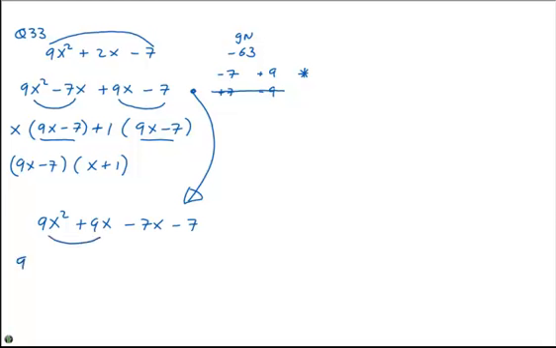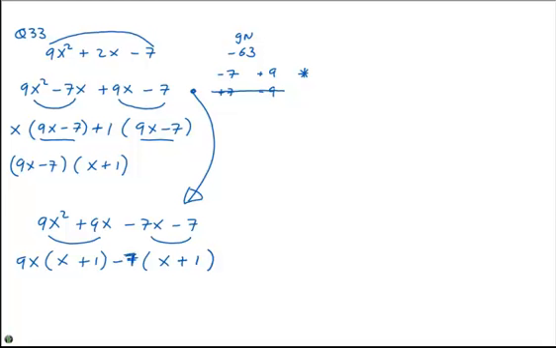Here 9x would be common, leaving you with x plus 1. And here then, and this is the bit that the reason I want to do it, I want you to make sure you're watching out. Minus 1 is common, sorry, minus 7 is common, leaving you with x plus 1.